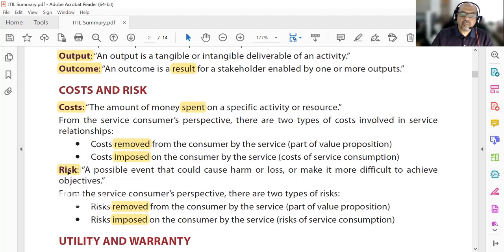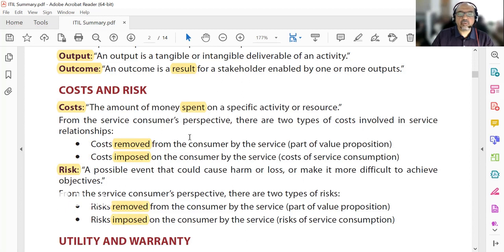What about the risk? Same thing. We are moving to the cloud. So there are some risks removed, some risks imposed. Not only moving to the cloud, I'm just using that as an example. This will apply to almost everything. Outsource some services, upgrading some systems or operating systems, and so on.